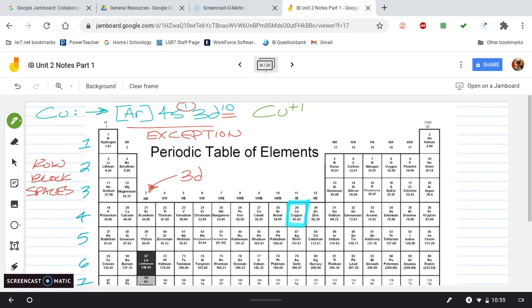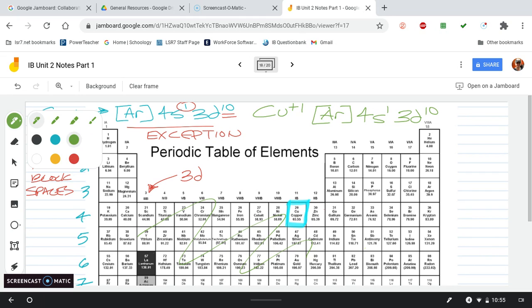So here's copper +1. So normally it looks like this because normally it's already an exception, 4s1 3d10. But remember, it's also a transition metal. So when it loses electrons, which it's now losing 1 more, where does it lose?